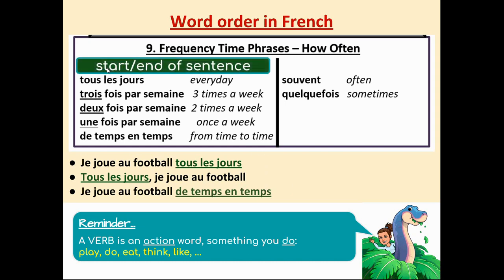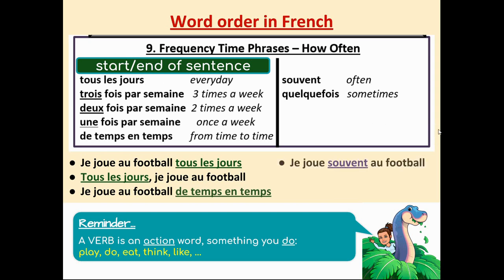Again, in French, we have it at the start or at the end of a sentence. It could be a clause within a sentence, but it's at the start or at the end of that clause. So je joue au football tous les jours. You wouldn't say in French, and I can tell you this, je joue tous les jours au football. It doesn't sound very natural at all. Let's have a look at the other two and see if it's the same rule as in English, because already this one is the same as English.